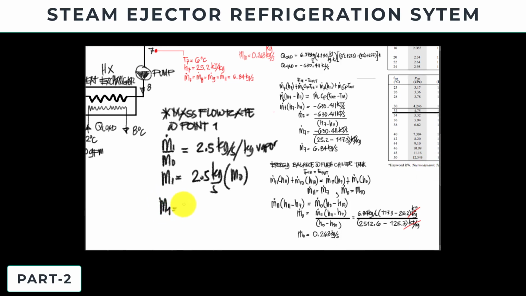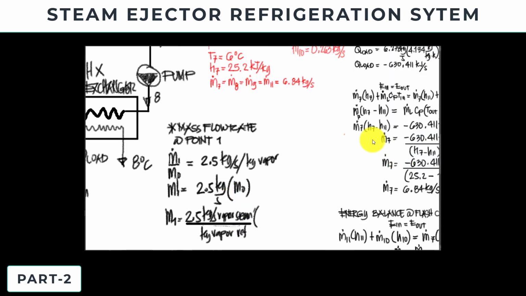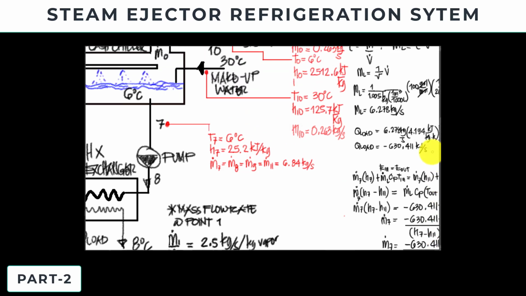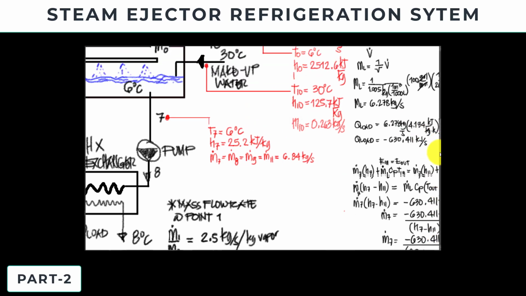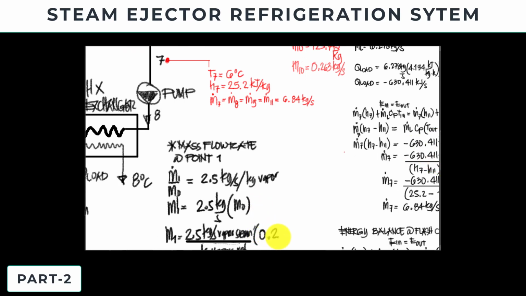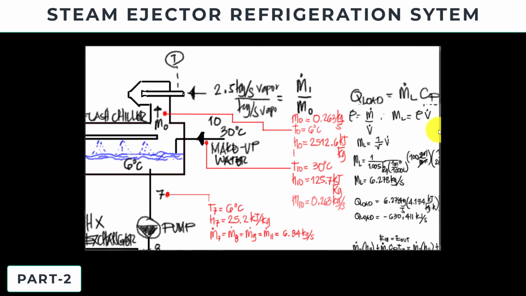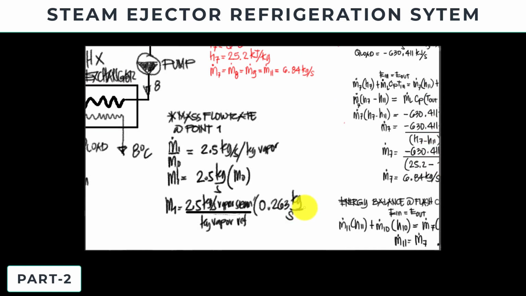So we have the mass flow rate 1, that will be 2.5 kilogram of vapor steam over kilogram vapor refrigerant. Now mass flow rate O, we have 0.263 kilogram per second, and this is the vapor refrigerant.